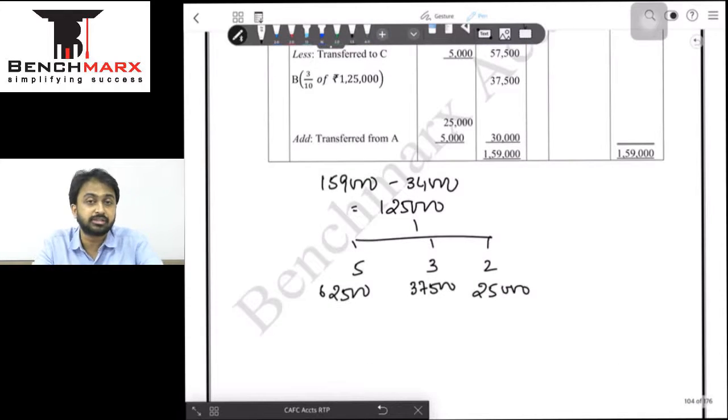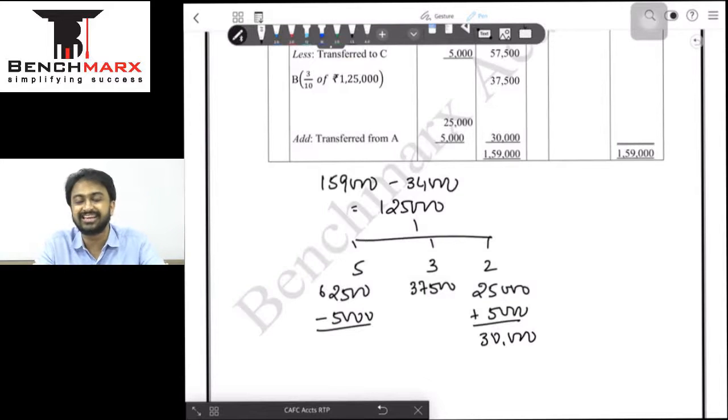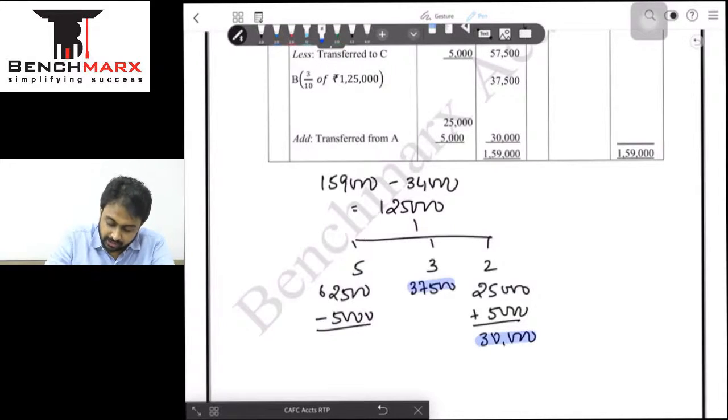But just because Mr. C is given a guarantee of 30,000, we'll do plus 5,000 here to make it 30,000 minimum, and we'll subtract 5,000 from Mr. A. That is because A has personally guaranteed this amount to him, and that is how the profit will be split. 30,000, 37,500 and 62,500 minus 5,000 appears to be 57,500.